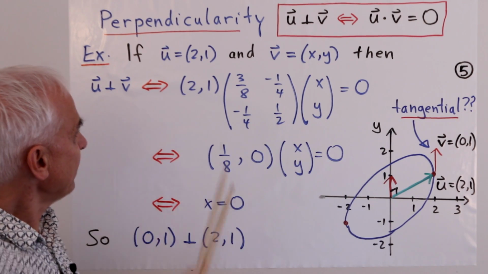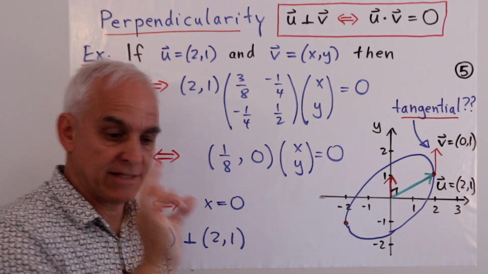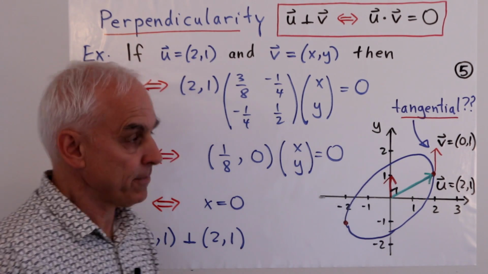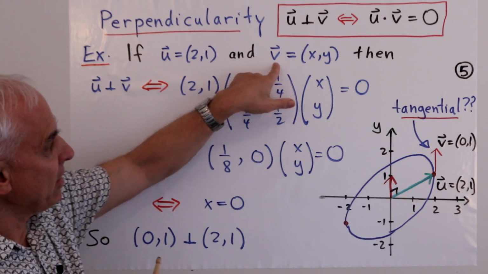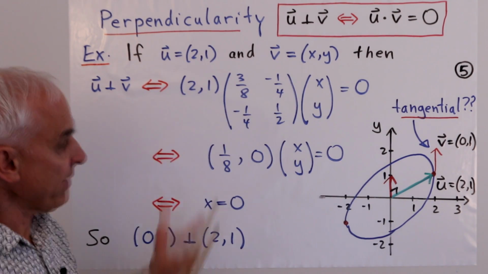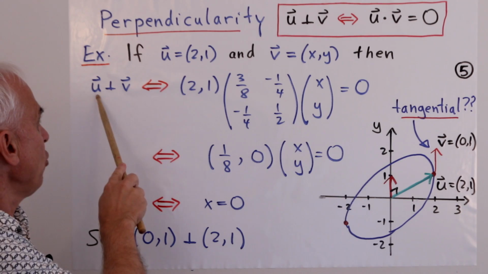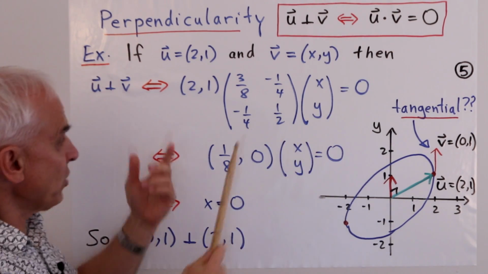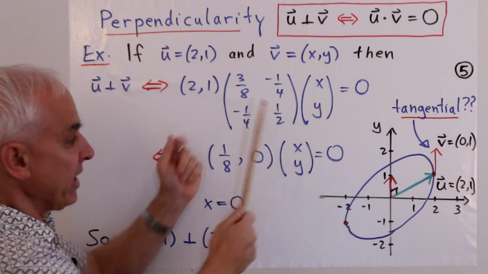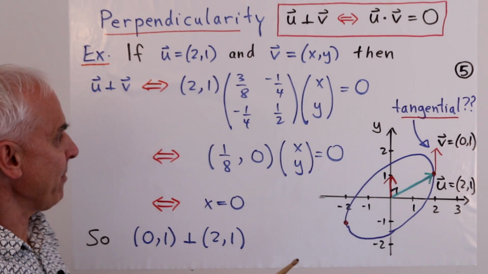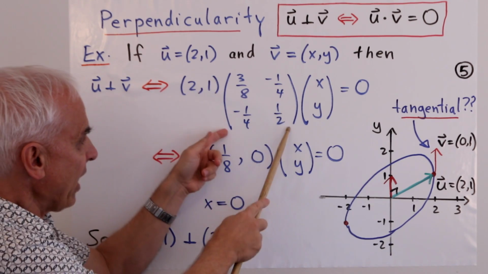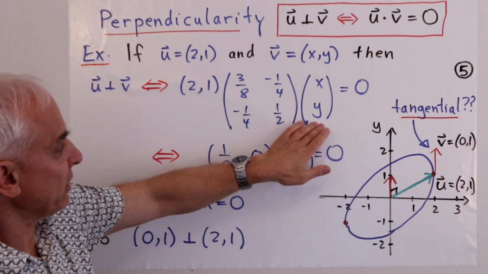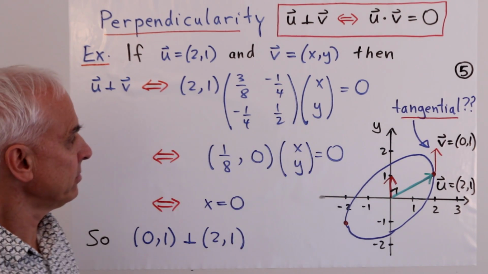Well, let's have a look at the situation where the vector u is fixed to be 2, 1. There it is right there. There's the vector u, 2, 1. And let v be an arbitrary vector x, y. Then u perpendicular to v, what does it mean? Well, it means that the dot product is 0. And the dot product is given by multiplication against this symmetric matrix M. So here is u, here's the matrix M, 3/8, minus 1/4, minus 1/4, 1/2, and here's the vector x, y. That has to be 0.